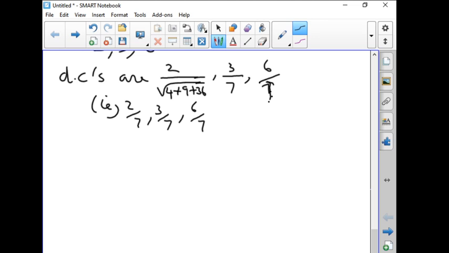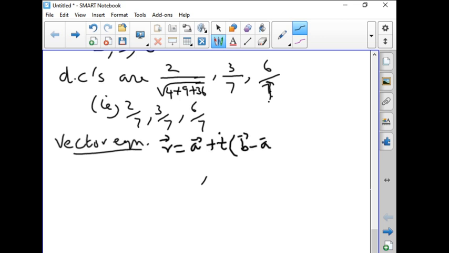So what about the vector equation of a straight line passing through 2 points? r vector is equal to a vector plus t into (b vector minus a vector).